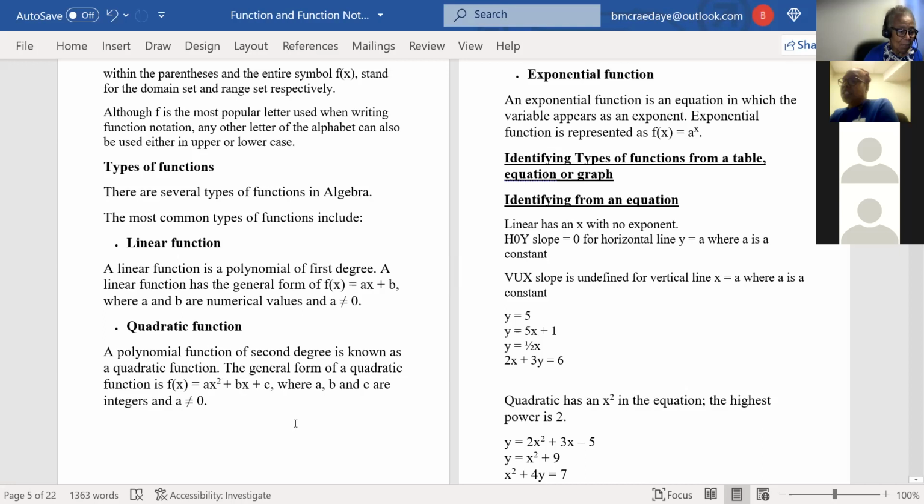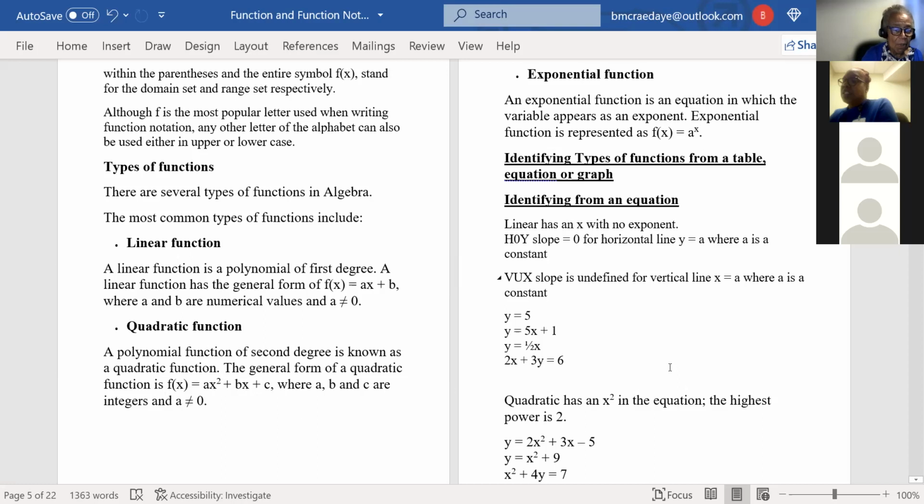And of course, we looked before at the quadratic formula where we can solve for the x. Now, exponential, the function is a to the power of x, where the variable is an exponent.